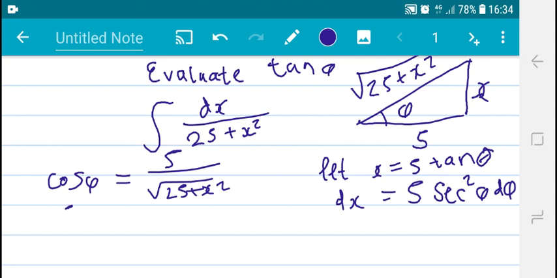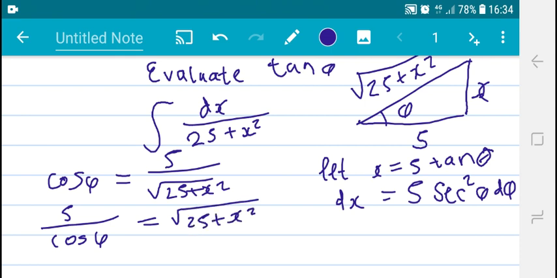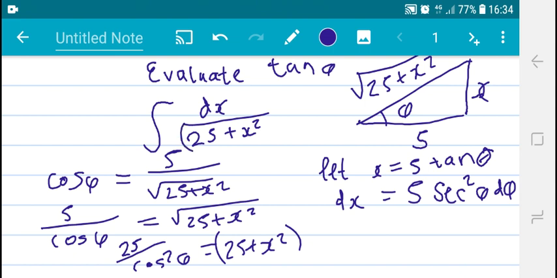And I find that 5 over cosine of theta should equal the square root of 25 plus x squared. And now I'm going to square both sides of the equation. So I get 25 over cosine squared of theta is equal to 25 plus x squared. So this allows me to substitute for this term here.